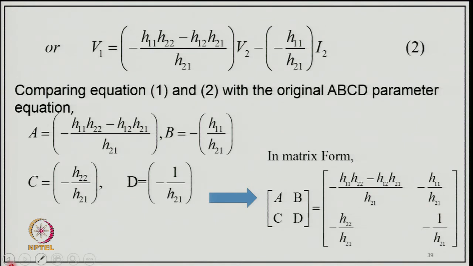So, comparing these two equations with the original ABCD parameters, the A parameter becomes minus (H11 H22 minus H12 H21)/H21, the B parameter is minus H11/H21, the C parameter is minus H22/H21, and the D parameter is minus 1/H21. And the ABCD transmission line parameters in terms of hybrid parameters in matrix form are: minus (H11 H22 minus H12 H21)/H21, minus H11/H21, minus H22/H21, and minus 1/H21.